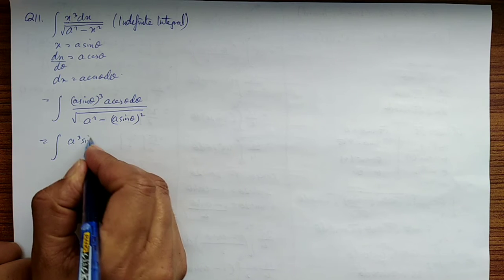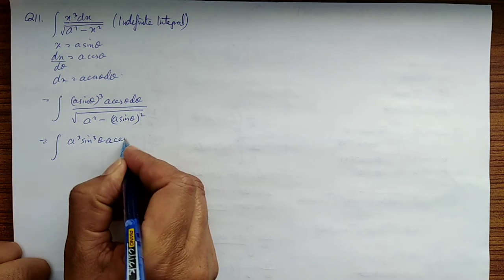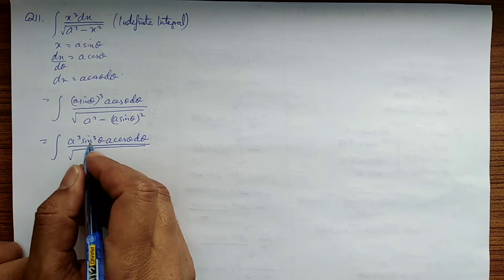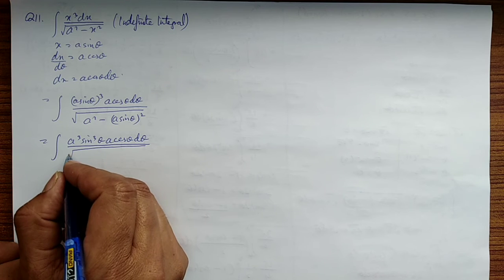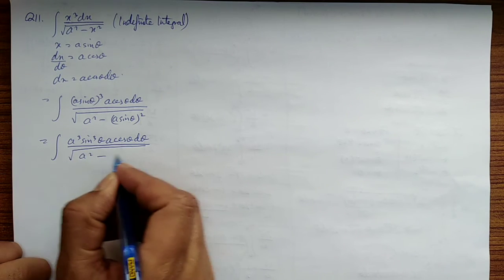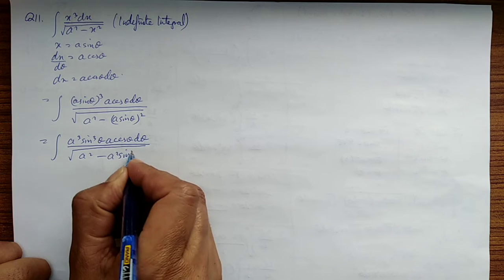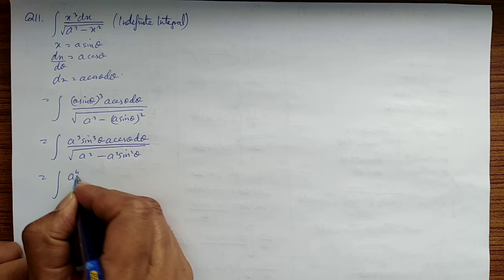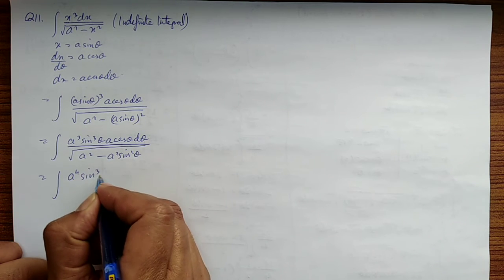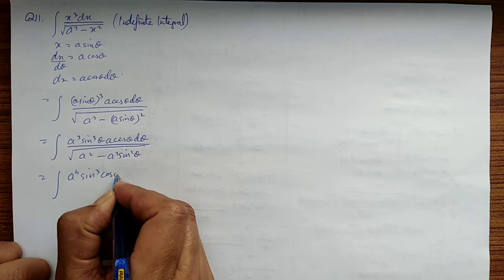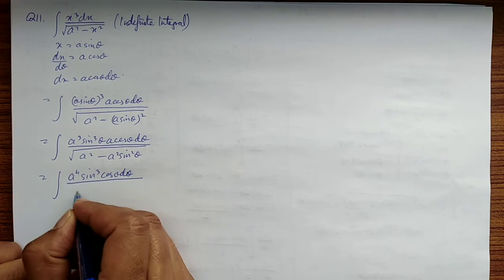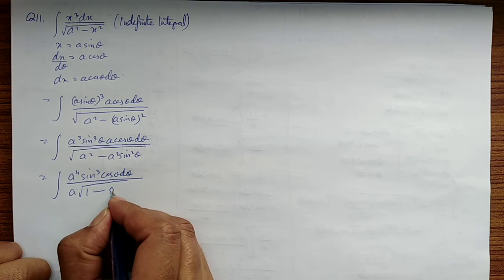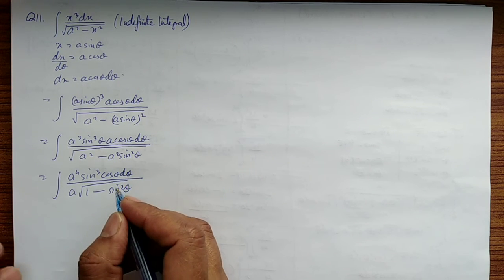So a cube sine cube of theta, a cos theta d theta, whole divided by a square minus a square sine square theta. a power 4 sine cube theta cos theta d theta, whole divided by a square into 1 minus sine square theta.